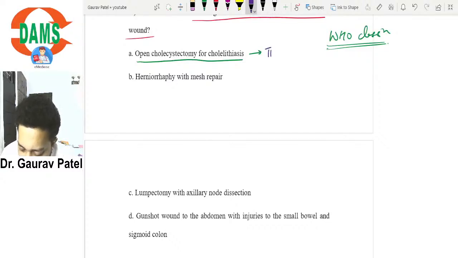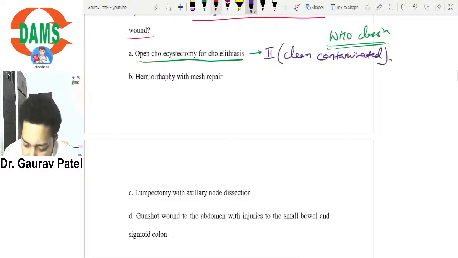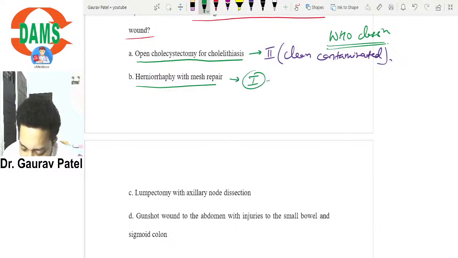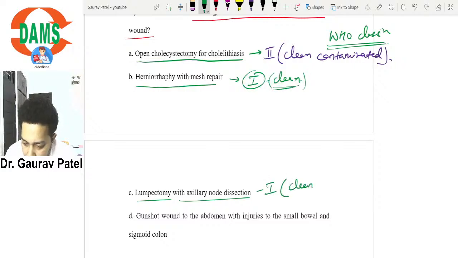This is class 2, that is clean contaminated. Herniorrhaphy with mesh repair. This is 1, clean. Lumpectomy with axillary nerve dissection. This is also 1, clean.